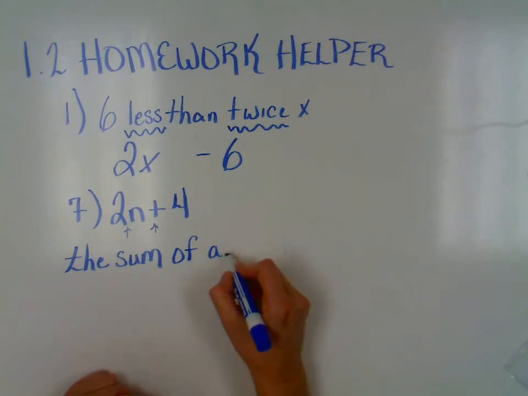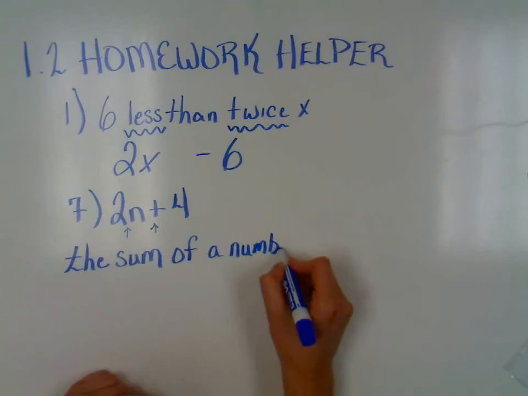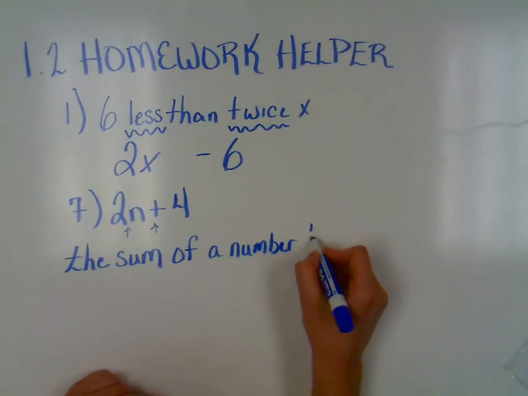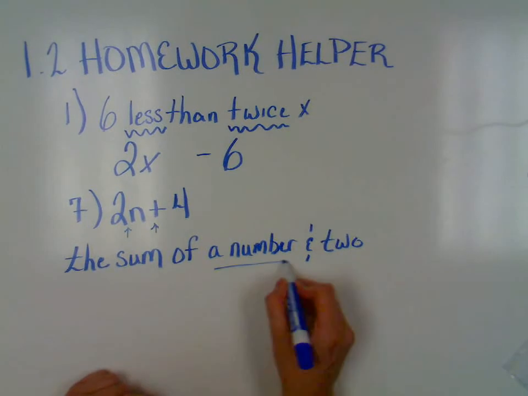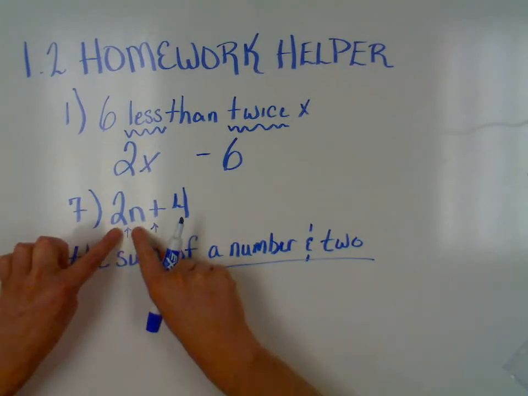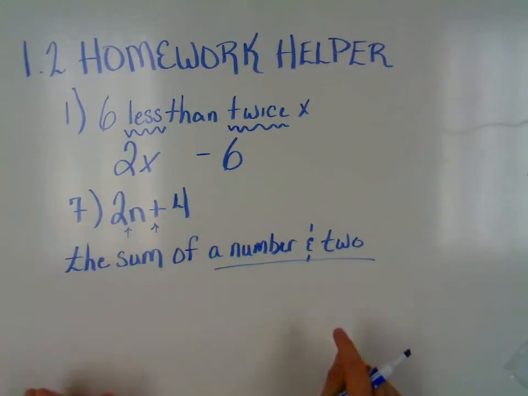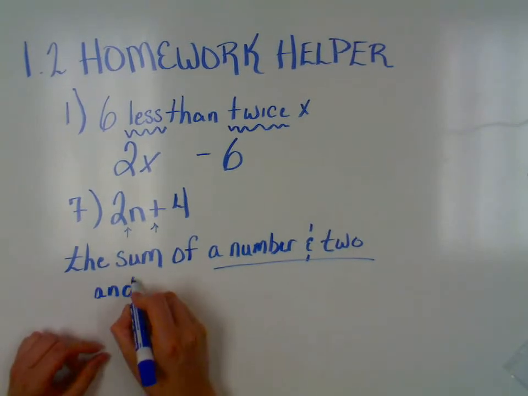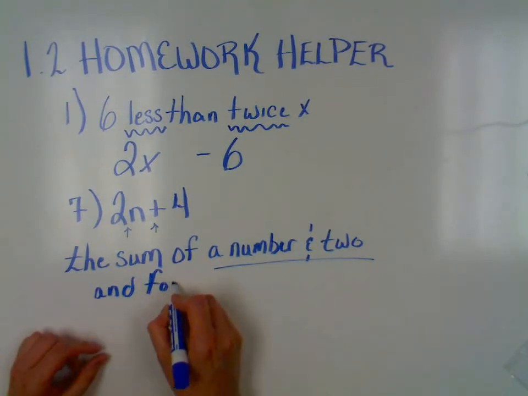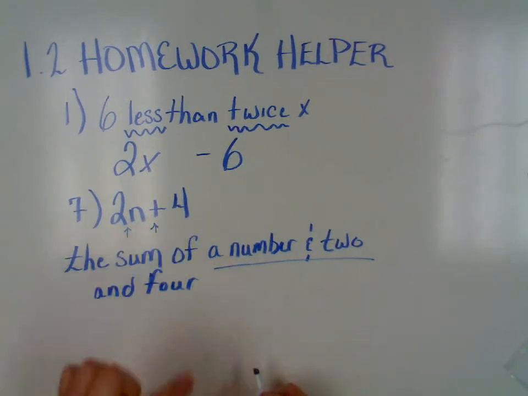A number and 2, right? And that "a number and 2" part is going to take care of this front part here, 2 times n. And then we're going to say "and 4", which is this part here at the end.